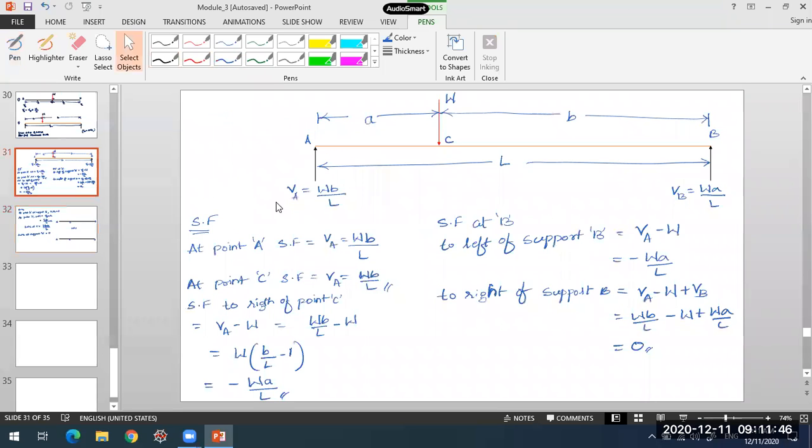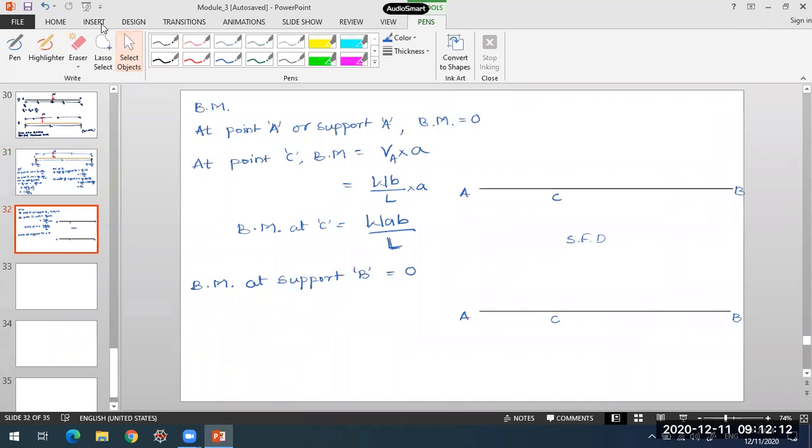So shear force at A, it was W into B by L. At point C, it was W into B by L before I crossed that concentrated load. Once I had crossed the concentrated load, it is coming out to be minus W into A by L, which is remaining constant till point B. And once I cross the support B, it is coming to 0 over here. So that is how the shear force is varying in this beam.